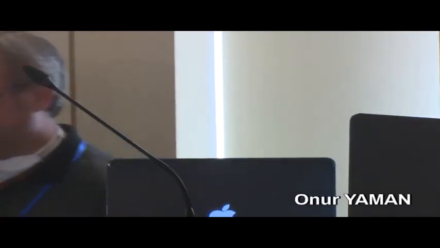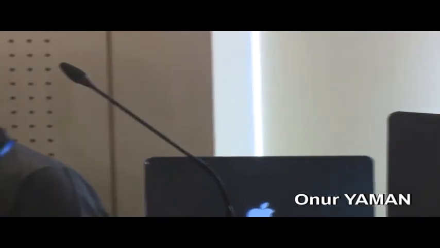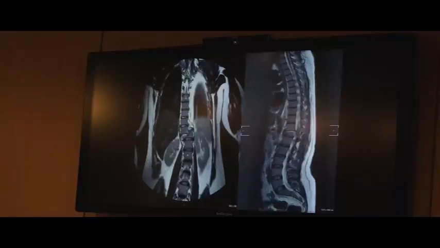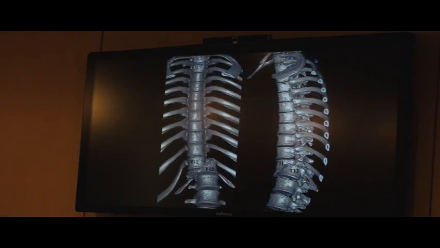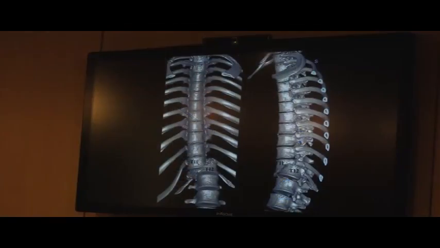A, B, C. Type C. There is a dislocation there, but look at the symptoms of the patient. The patient has no neurological deficit. In these kinds of cases, because of the rupture of the posterior longitudinal ligament, the patient makes their own decompression. Because of that, the patient didn't have a neurological deficit.